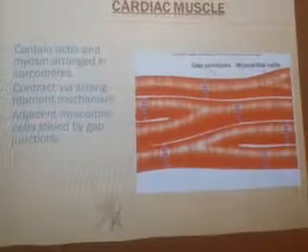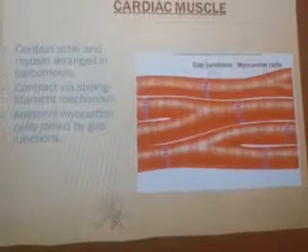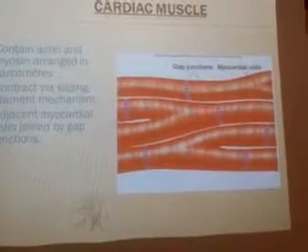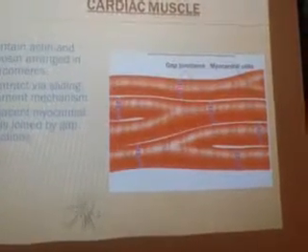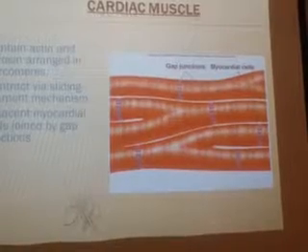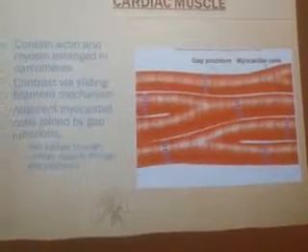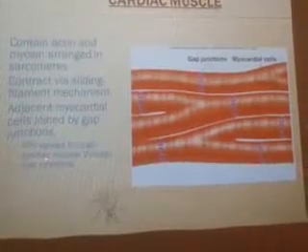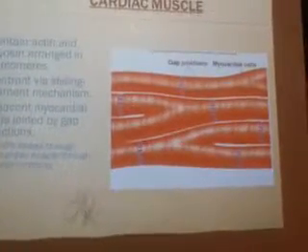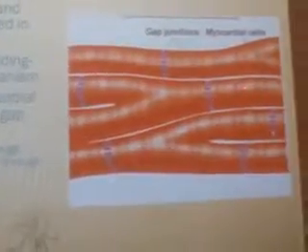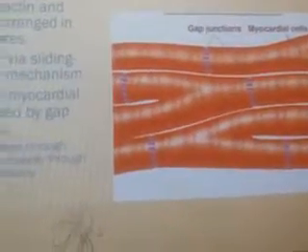Adjacent myocardial cells are joined by gap junctions. These are the gap junctions. Then the action potential is spread through the cardiac muscle from one gap junction to the next, like this.